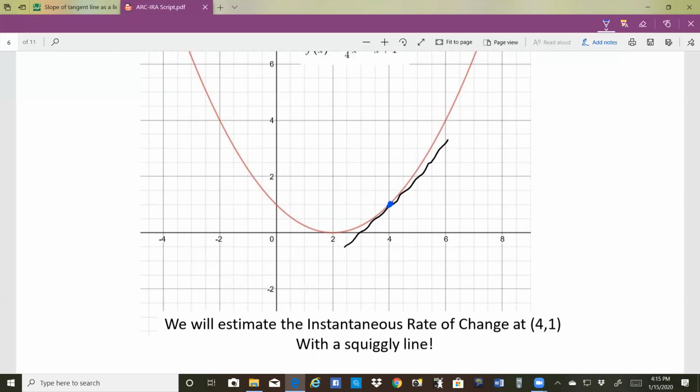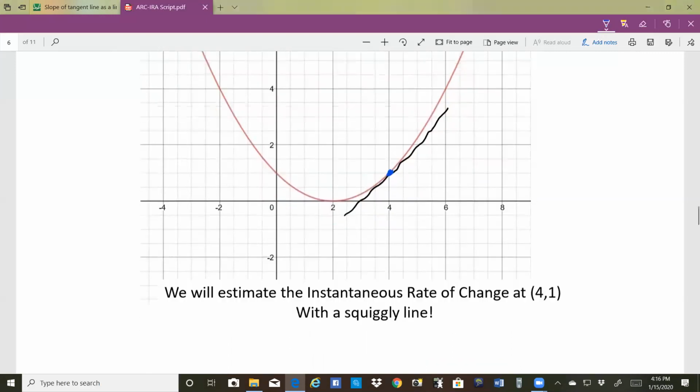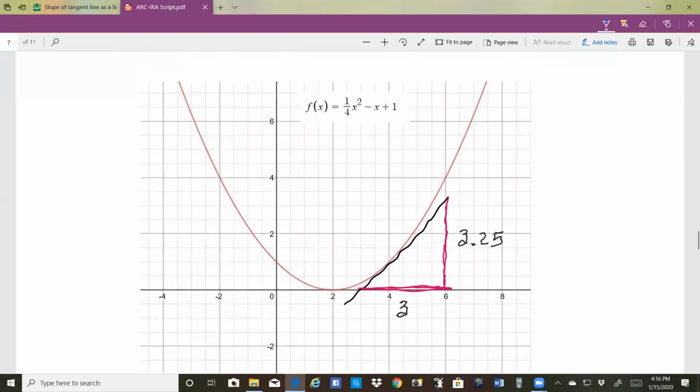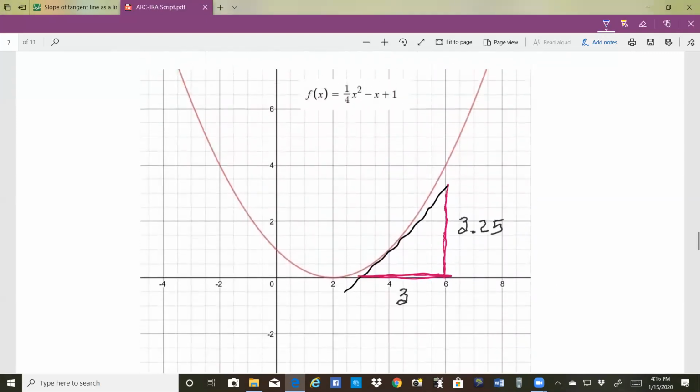Now, if we go a little further, we want to calculate the slope of that tangent line. So I've already sort of drawn something here that shows you a little triangle that looks at the rise divided by the run, which would be the slope of that squiggly line, roughly. It's an approximation.